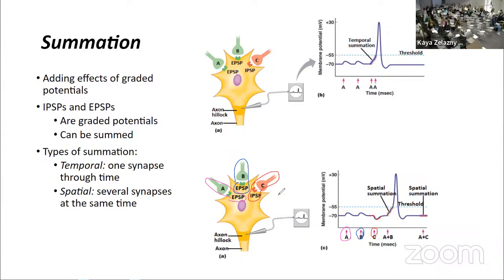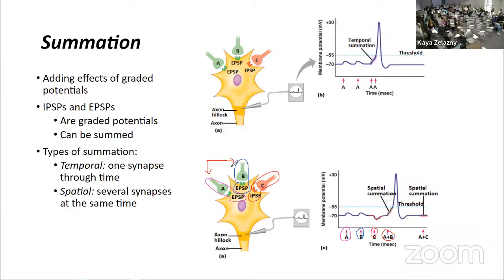So if we are talking about summing together action potentials here, summing together these stimuli, you want to know which neurons are firing. Are they firing together? Are they firing separately? So this next time point, A plus B, is showing us what happens if A and B fire at the same time.